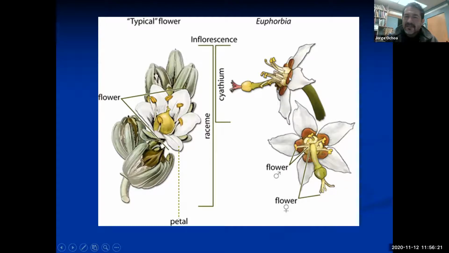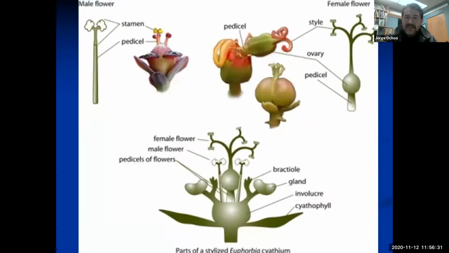But here we have usually five different flowers clustered together to resemble one. And so when we analyze it and take it apart, here are the male flowers, which have just one stamen with the pollen and then the pedicel.